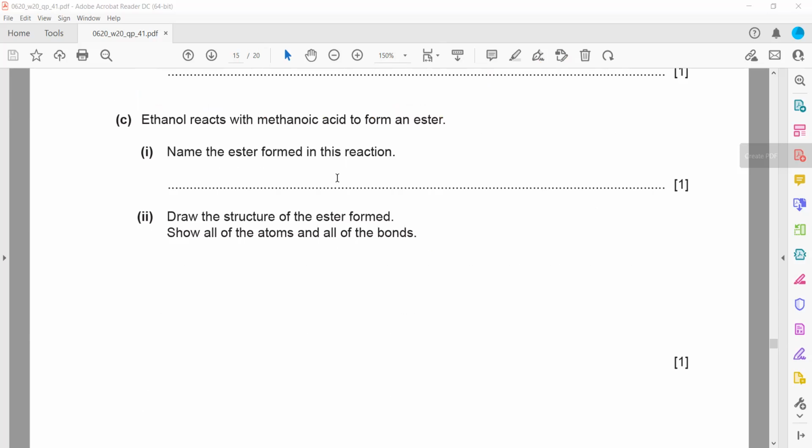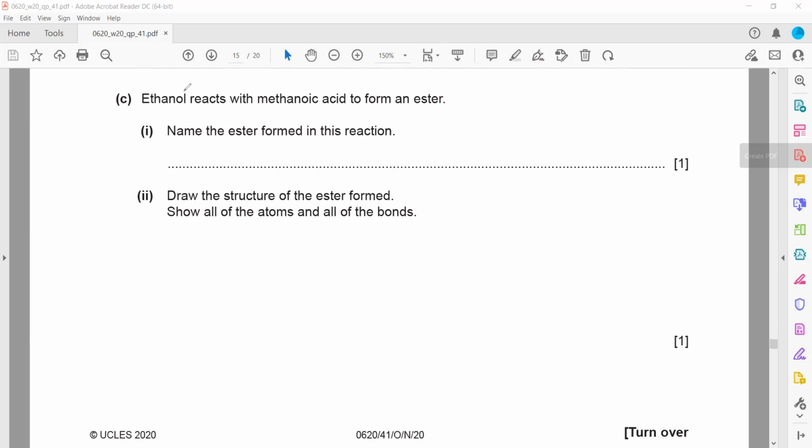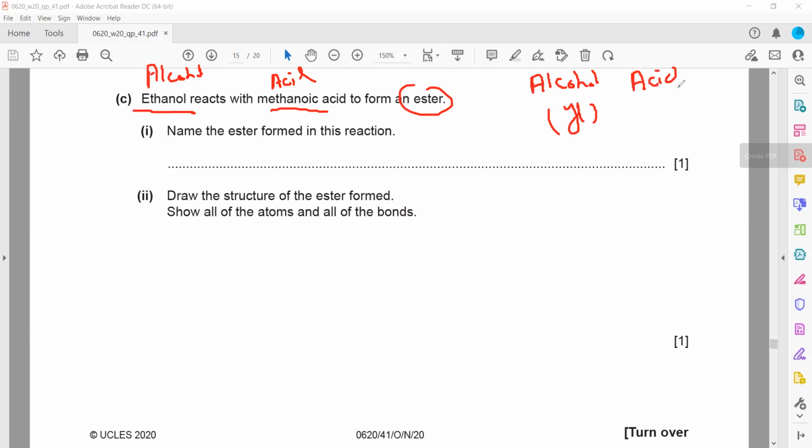In part C, ethanol reacts with methanoic acid. So remember, whenever alcohol mixes with carboxylic acid, it will form an ester. The first name of the ester is always from the alcohol and it should contain YL. And the second name of the ester is from the carboxylic acid, so it should have OATE.